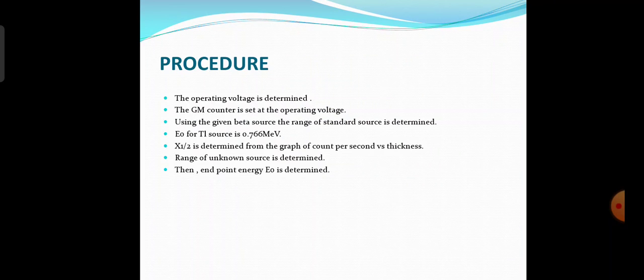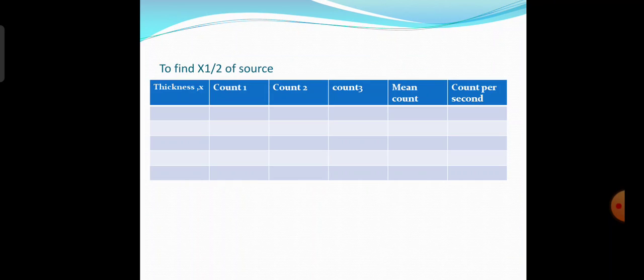Then we find the half value thickness of the standard source thallium by measuring the thickness of the aluminum, which is the absorber we use, and count 1, count 2 and count 3 are taken. Then the mean count is calculated and the count per second is calculated. Then a graph is plotted between the thickness value on the x-axis and the count per second value on the y-axis, from which the half value thickness of the standard source can be determined.